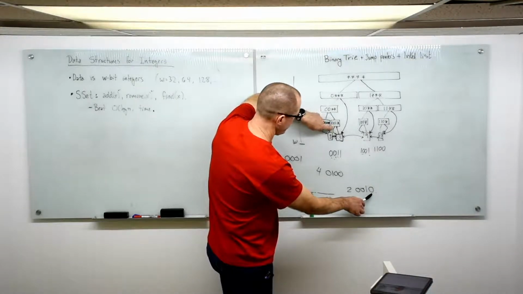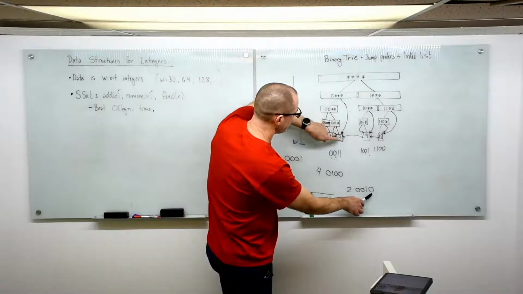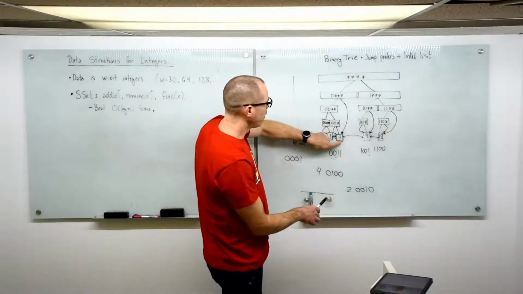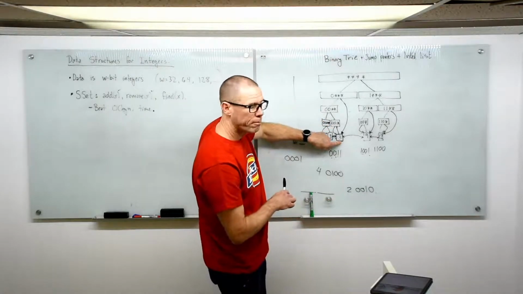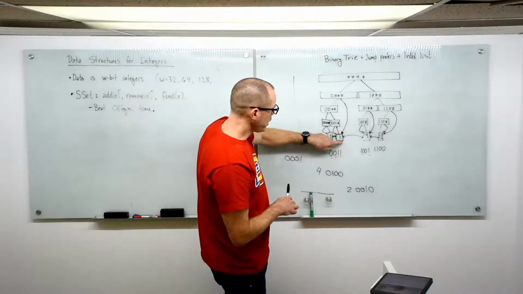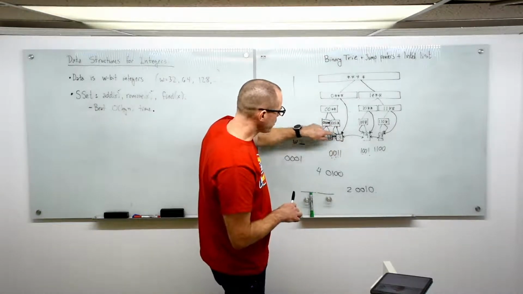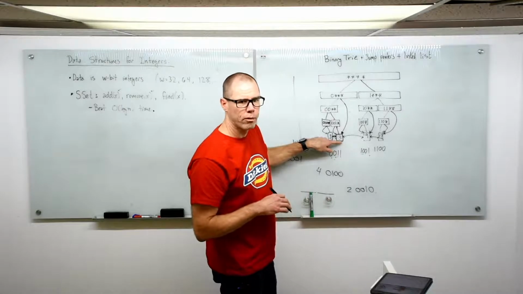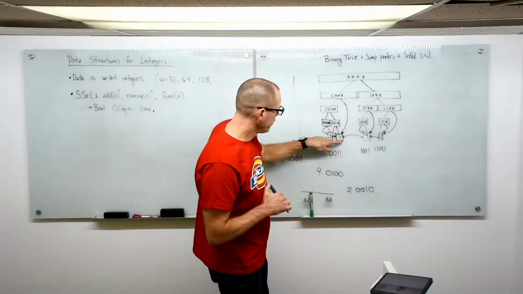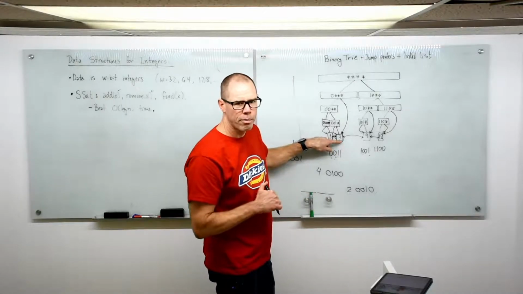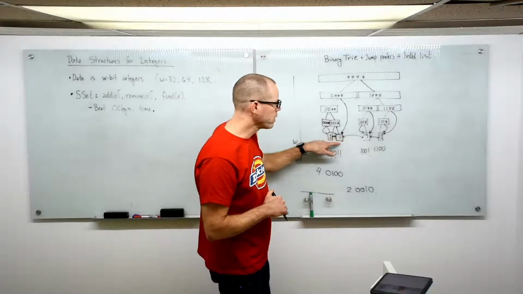Since there's no left child, the jump pointer points to the smallest thing in the right subtree. And that smallest thing in the right subtree is actually the smallest thing that's bigger than what I'm looking for. And so that actually gives me my answer immediately. I don't even have to navigate in this list.